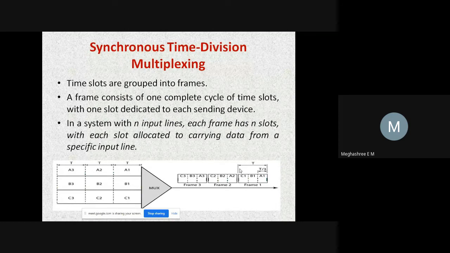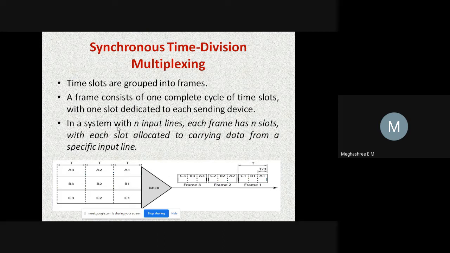So that's why this is one complete frame. That is A1, B1, C1. This is one frame. A2, B2, C2, that is the second frame. A3, B3, C3, that is the third frame. Okay, so that is what it says.